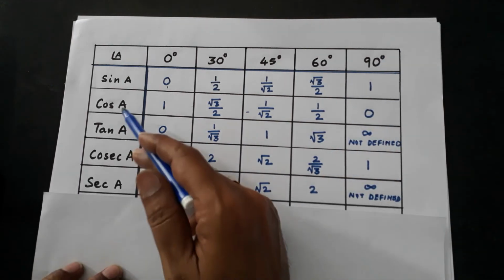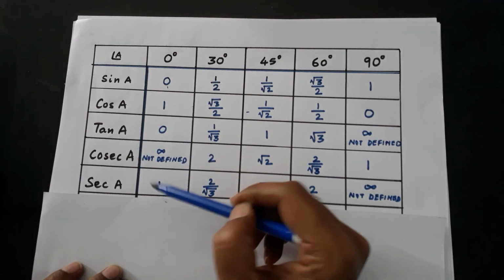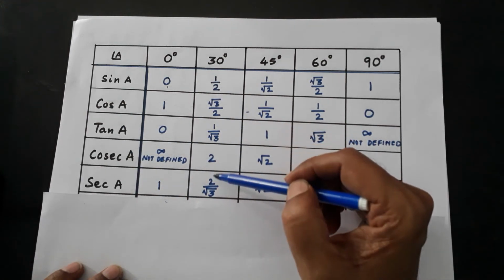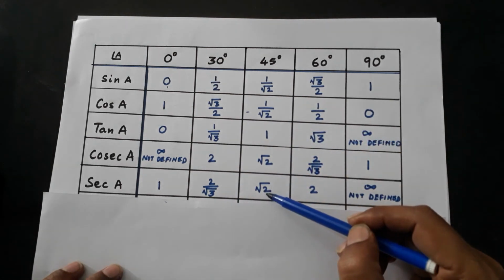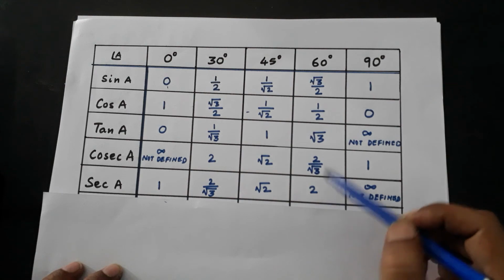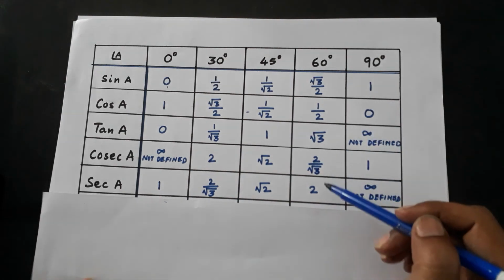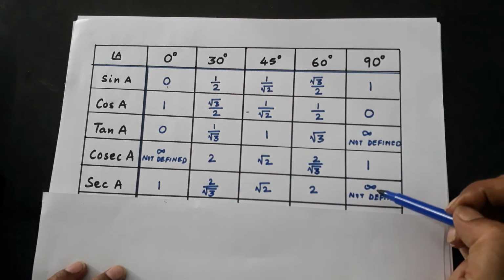Secant is 1 by cos: 1 by 1 is 1, 1 by root 3 by 2 becomes 2 by root 3, 1 by 1 by root 2 becomes root 2, 1 by 1 by 2 becomes 2, which is just exactly the inverse. And 1 by 0 is infinity.